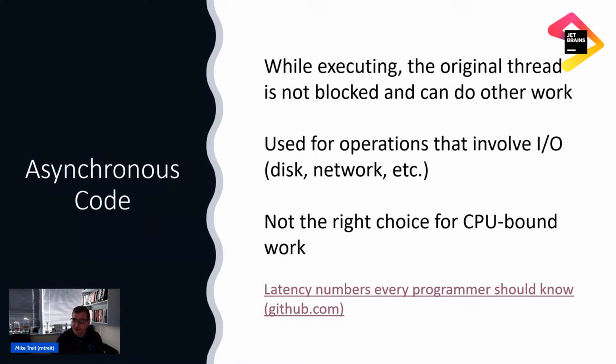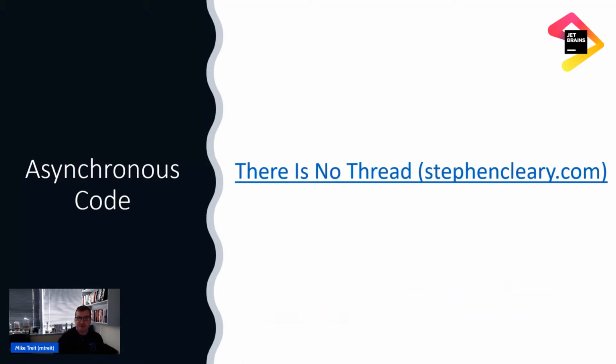So those are things to be aware of, and there's a difference between when you want to use async and when you don't want to use async. We have a tag on the C# Discord that's the no thread tag, and it brings up a link to this article by Stephen Cleary, who I mentioned earlier, wrote the Concurrency in C# Cookbook and has a lot of blog posts on concurrency in C#.